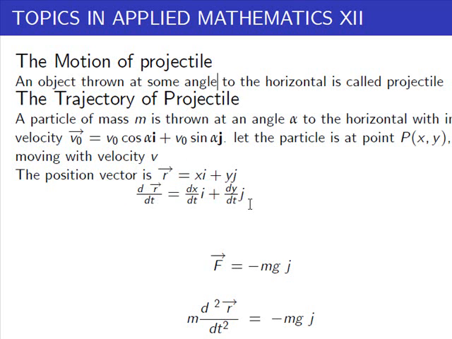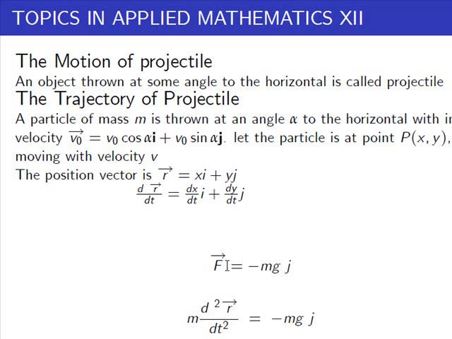The only force acting on the projectile during its path is the force of gravitation. F is equal to minus mg j. The negative sign is because the force is downward.